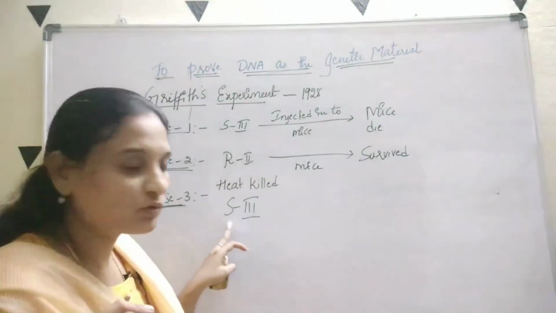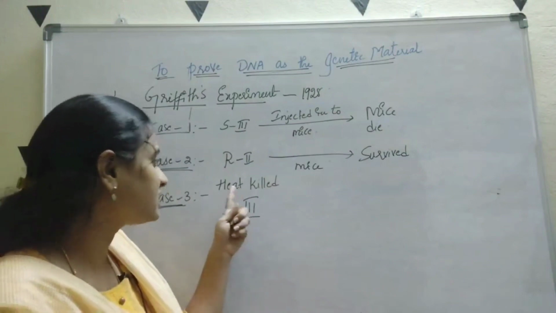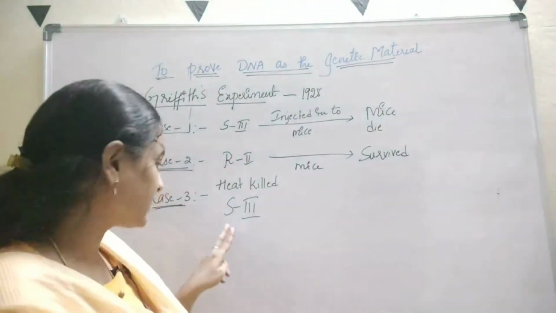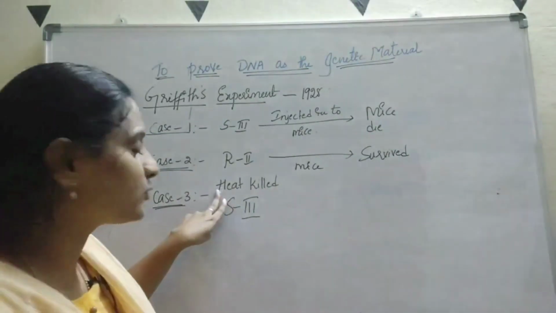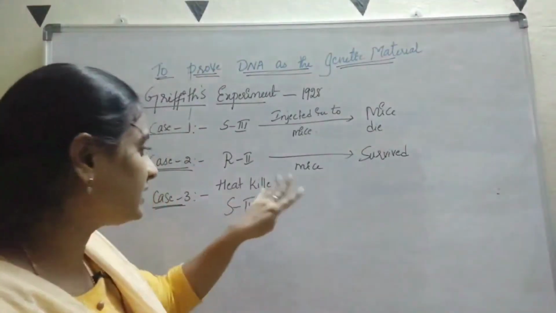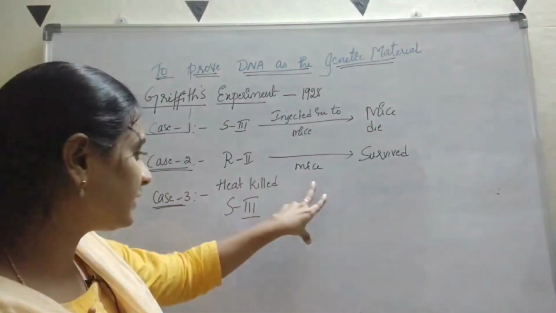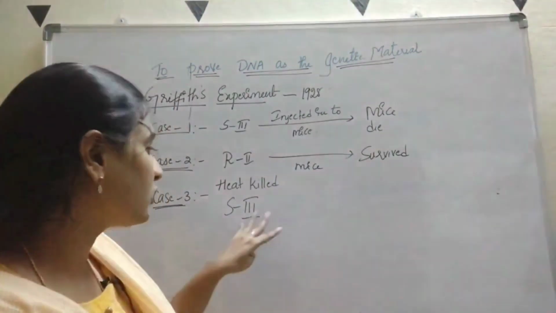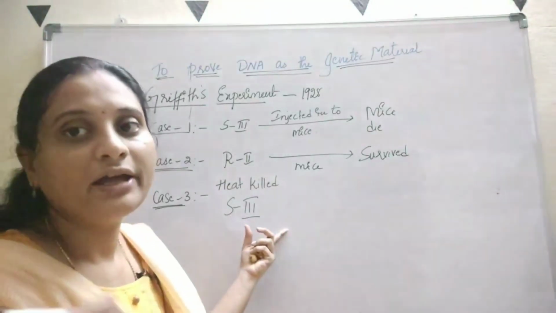As we know, the smooth strain is virulent in nature, but here it is heat killed S3. That means the S3, which is virulent in nature, has been destroyed by exposing it to heat at a certain temperature. When it is exposed to a certain temperature, the capsule which is responsible for pathogenicity gets destroyed. Now the S3 has been converted into avirulent.